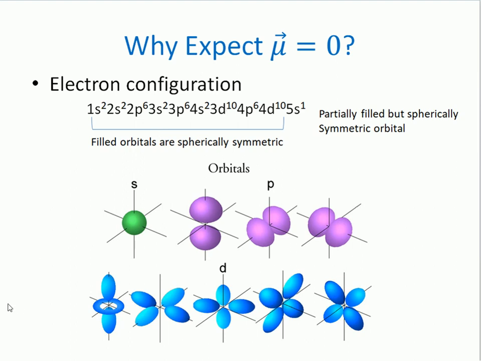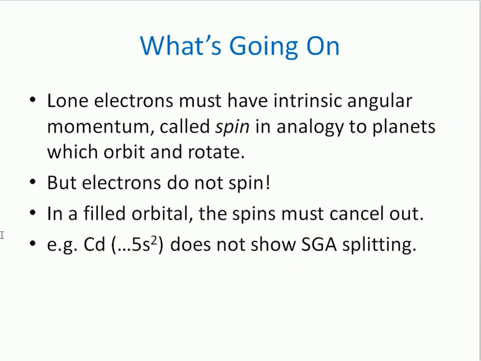Symmetry says they cancel out. And you can see that if you go to the next atom after silver in the periodic table, which is cadmium, it's 5s2, it doesn't show any splitting. The two electrons, their total spin angular momentum, cancel out, and it doesn't split.